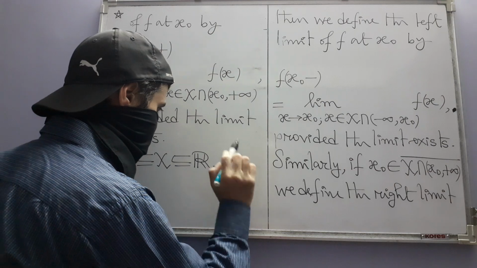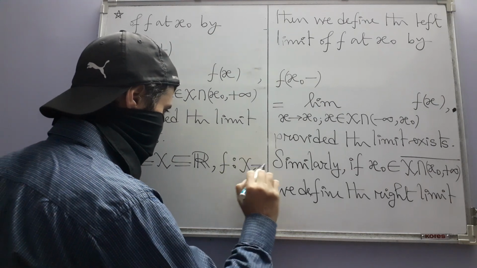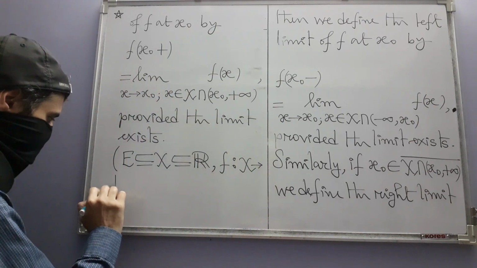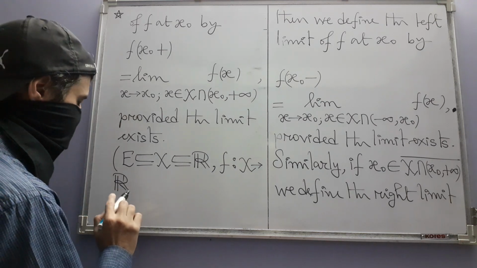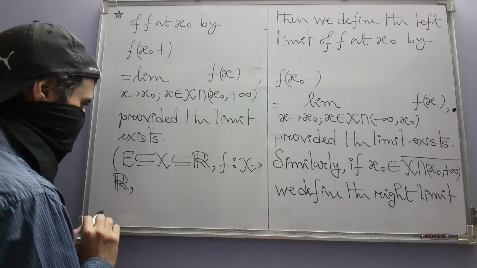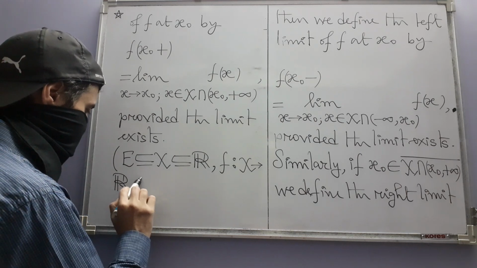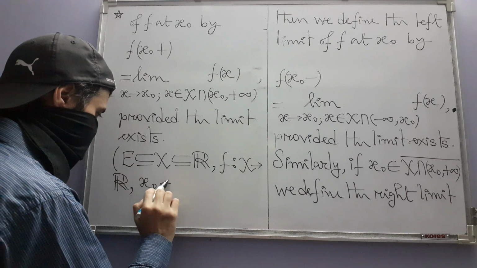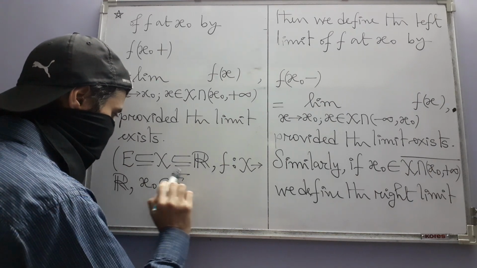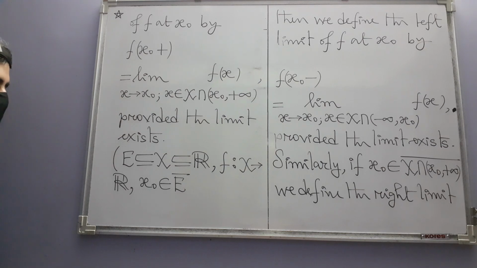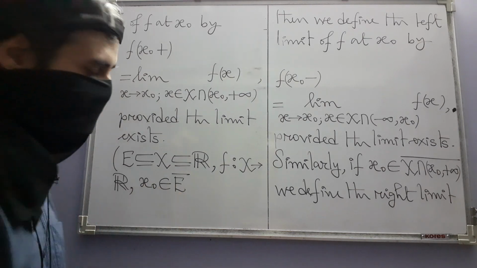F was a function with X as its domain, and it was real valued, of course. We are only considering real valued functions. What else was there? x naught was a point in the closure of E, or in other words, x naught is an adherent point of E.